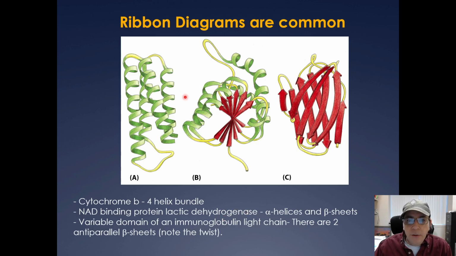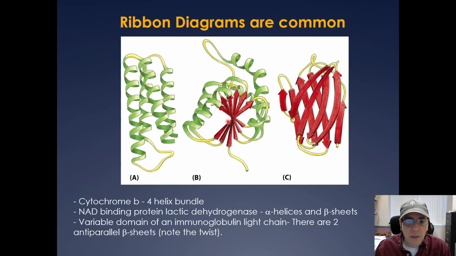Here are some examples of ribbon diagrams of four different domains that are in proteins. This is a 4-helix bundle, and this comes from cytochrome B. You can see the ribbon diagram showing the 4 alpha helices coming together, and there are loop domains connecting them.